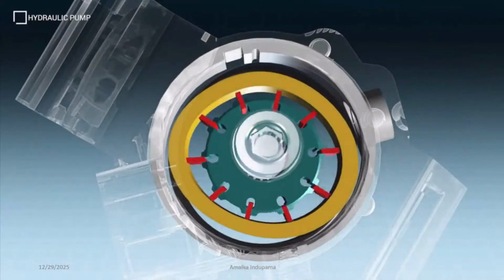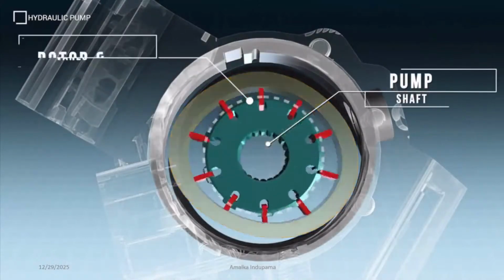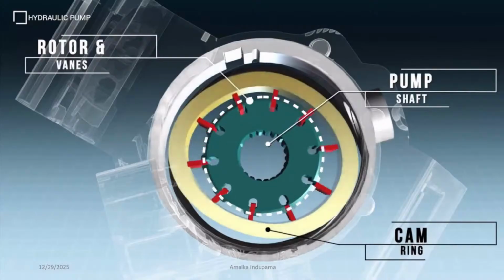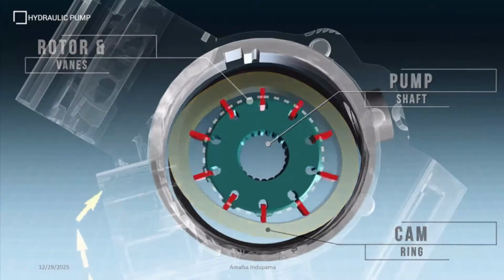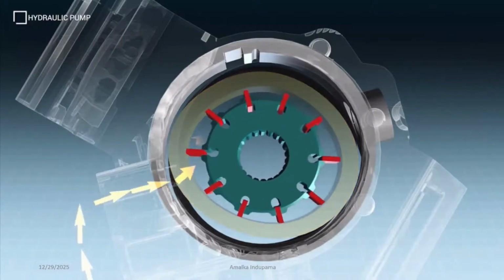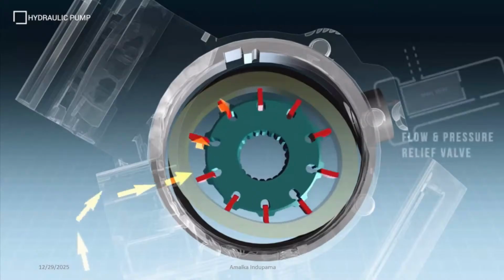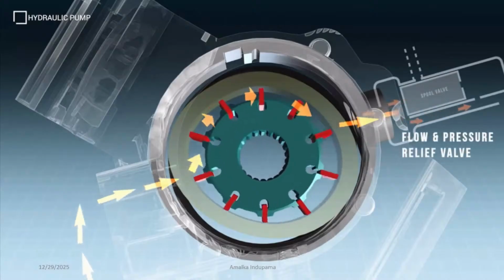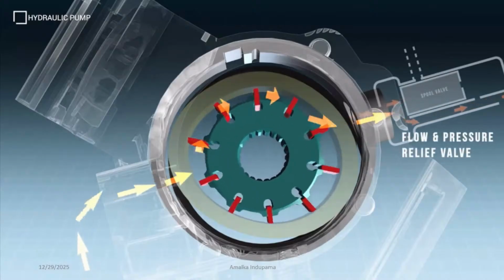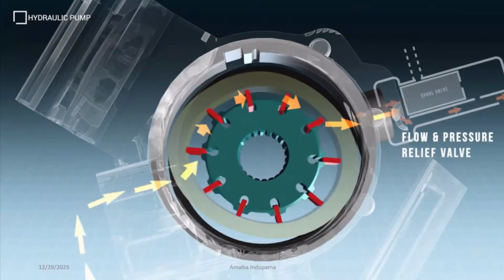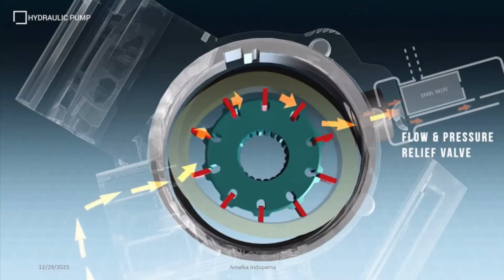Rotation of the pump shaft spins the rotor and retractable vanes inside an oval-shaped cam ring. Hydraulic fluid is drawn into the pump housing from the reservoir due to the low pressure created by the rotating vanes. The fluid is pushed by the vanes to the outlet side of the pump housing, where it passes through a flow and pressure relief valve before entering the supply hoses.